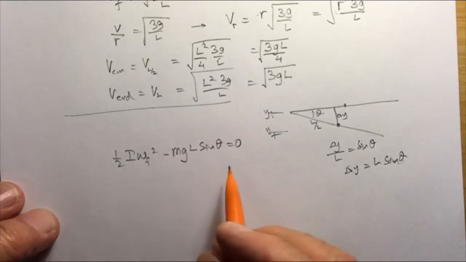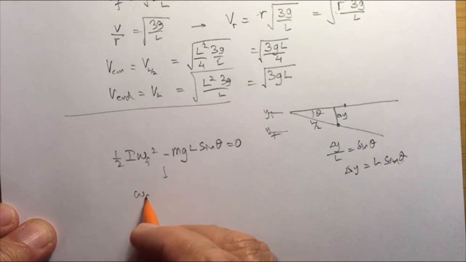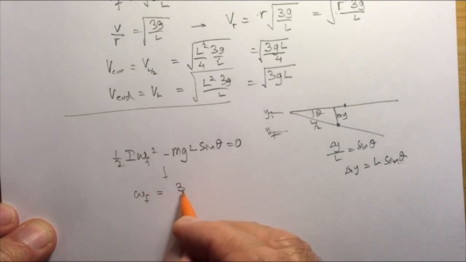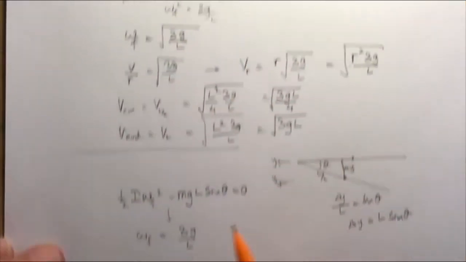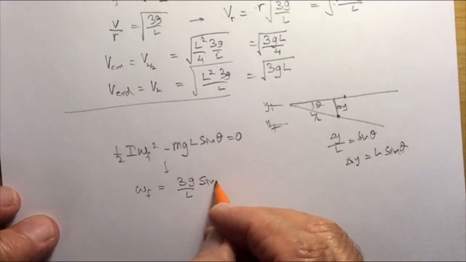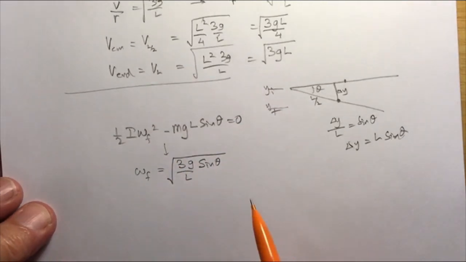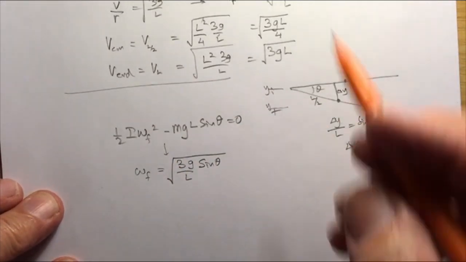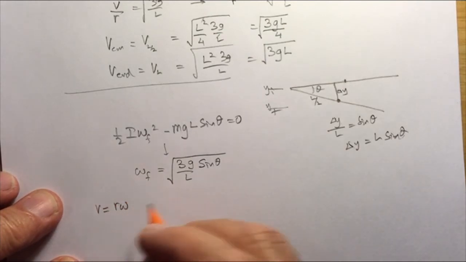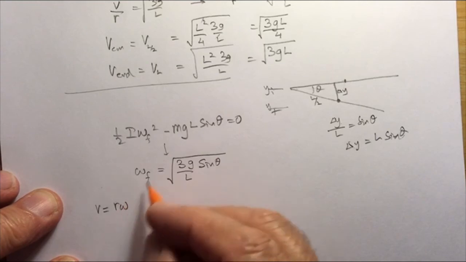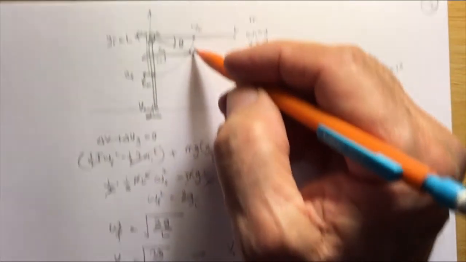And then on simplification, which can be done rather straightforwardly, we get omega final is the square root of 3g over L, which we had over here, times sine theta. So that becomes the angular speed, and the linear speed can also be found by using v equals r omega. Omega is v over r, so we can find the linear speed at any point as it's falling down.